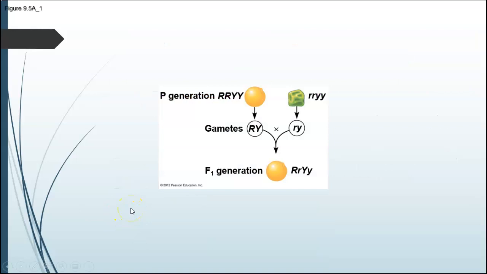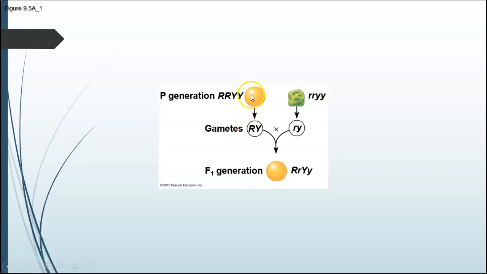Okay, so here's a pictorial representation of what he did. Here's our parent generation. We have true breeding round yellow, true breeding wrinkled green. So the parents are going to have an allele for the color and the shape, right?